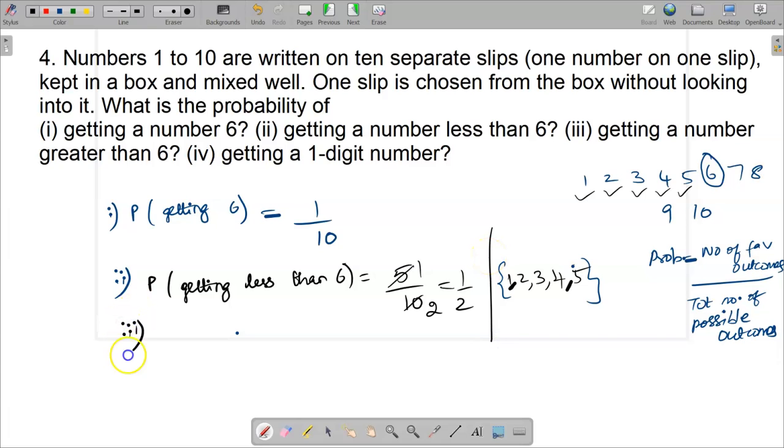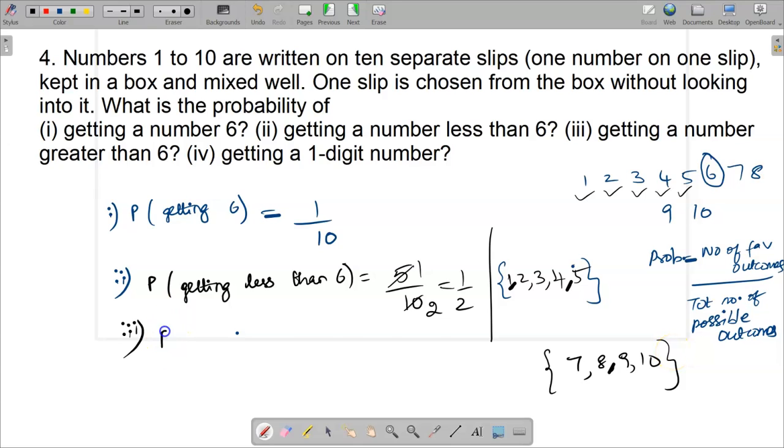And then third question, getting a number greater than 6. What are all the possible outcomes? Greater than 6 means 7, 8, 9, 10. These are all the outcomes for the third question. How many favorable outcomes are there? 4 outcomes.